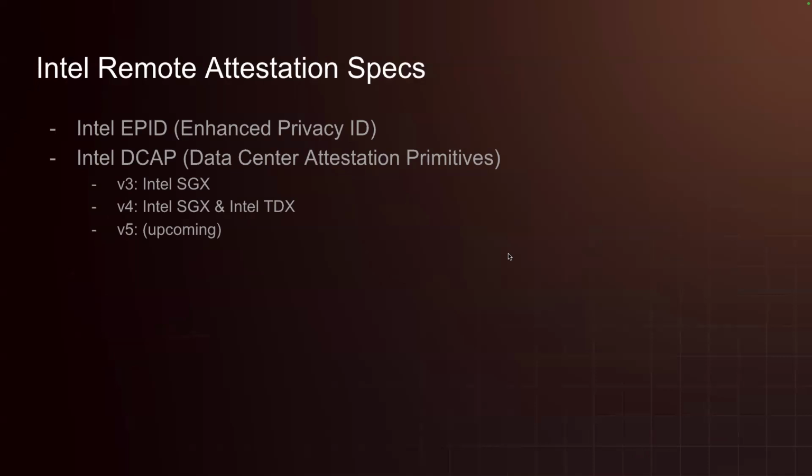Yeah, for those people who don't really know much about attestations, I'd like to also just briefly introduce it a little bit. But I guess everyone here is aware of all the terms and the details. So Intel actually had a couple of specs. Initially, they did Intel EPID attestations, but currently they're actually deprecating it.